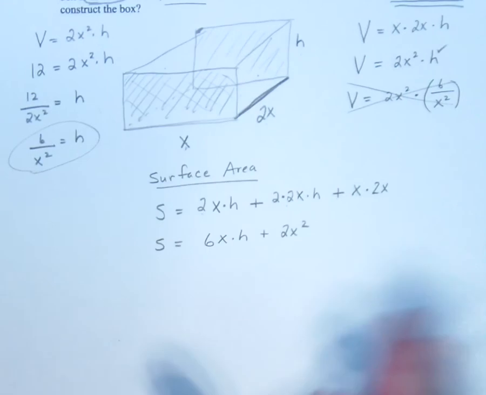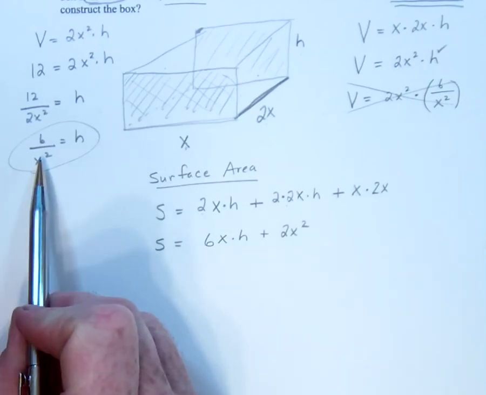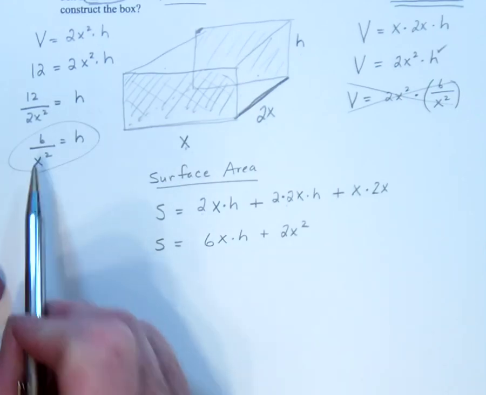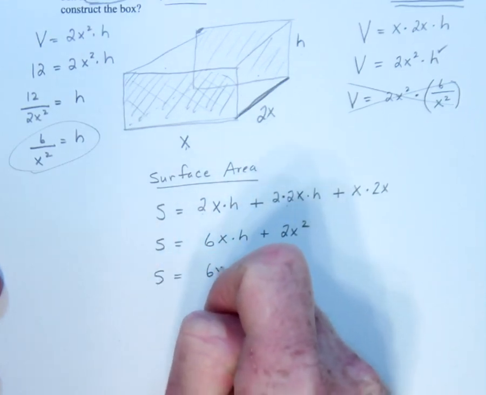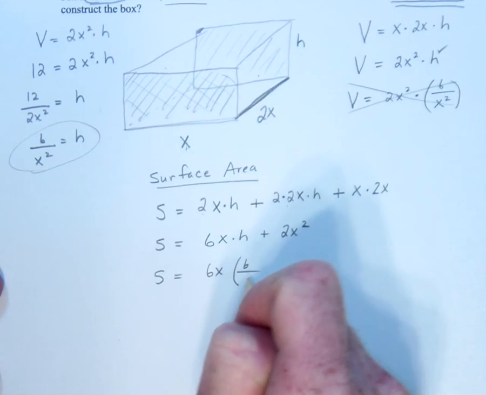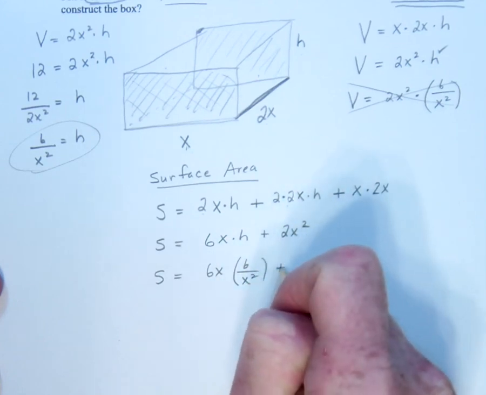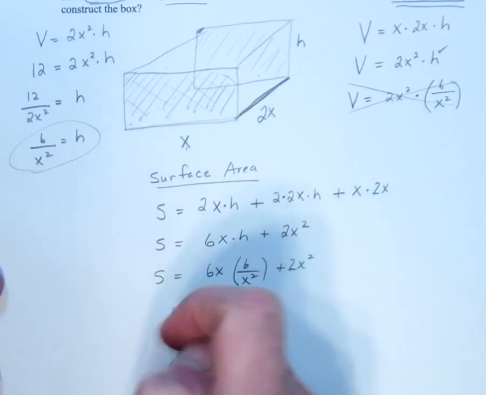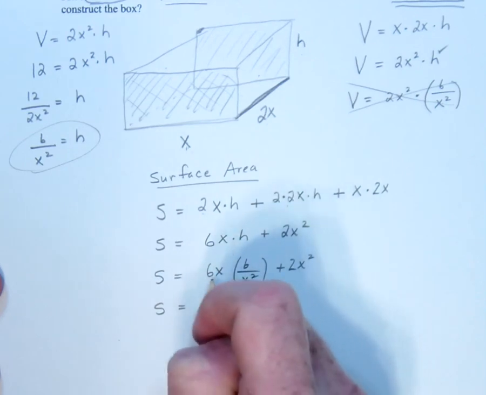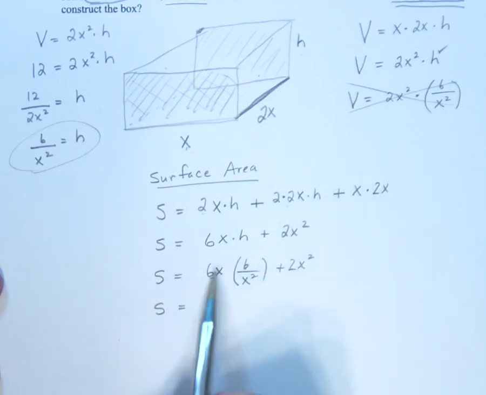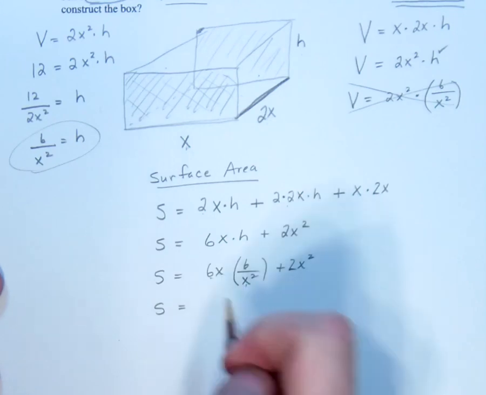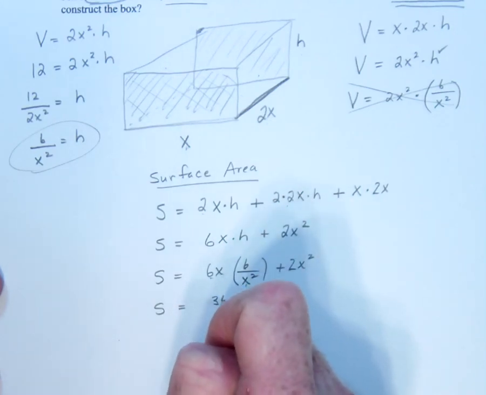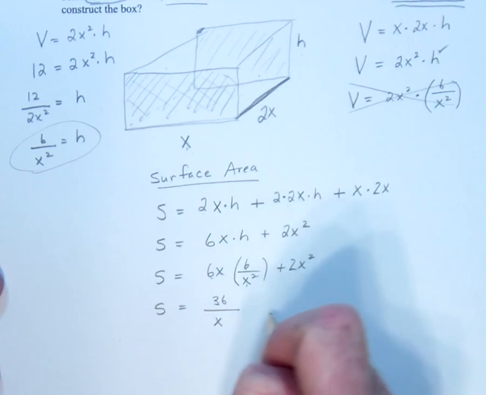Recall from over here, h is 6 over x squared, so substitute that right here. And then let me just simplify. This would be 36. One of these x's would cancel, but it would still leave one in the denominator. So it's 36 over x.